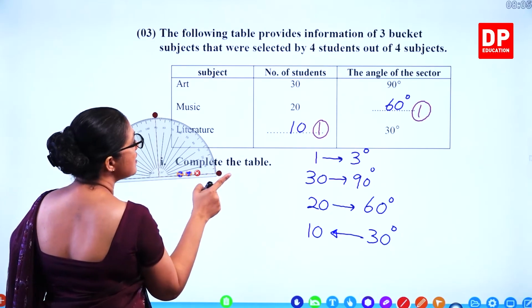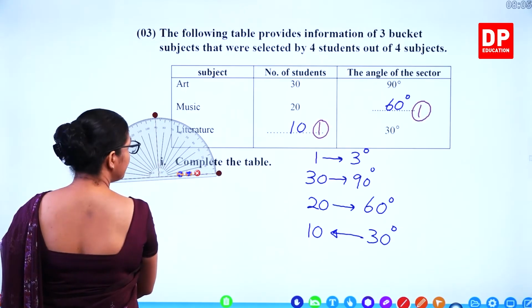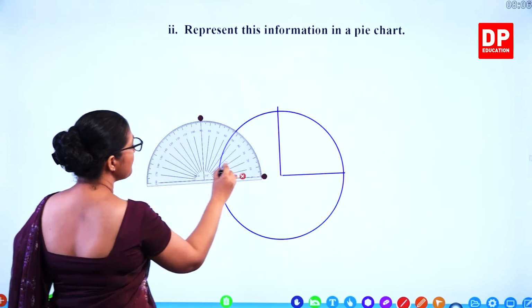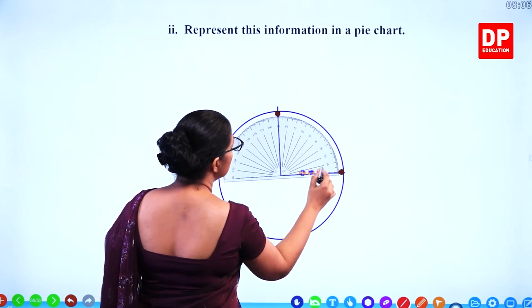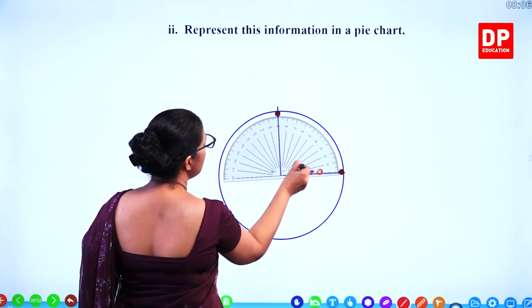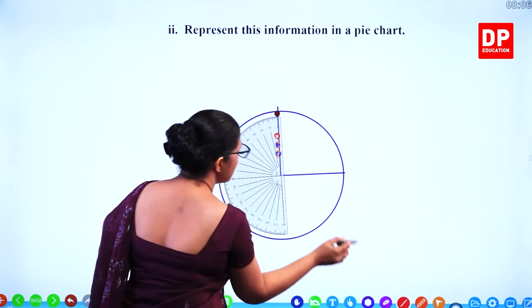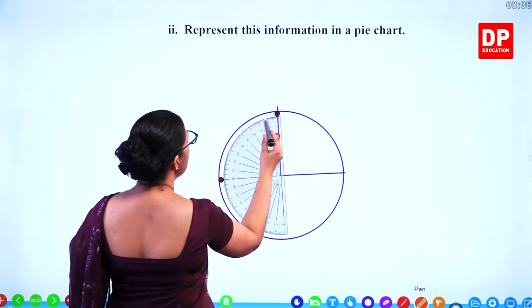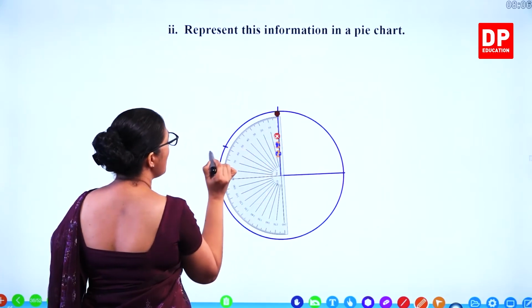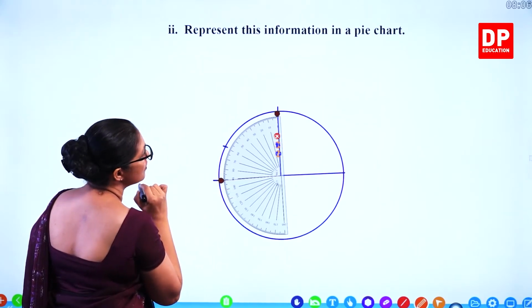We found out 60 degrees and 30 degrees. So we'll mark from here 30 degrees from this side, or 60 degrees. 60 and 30 we can mark. So from here 60 is this value and 30 you get this value.